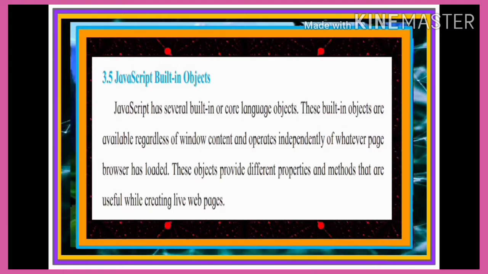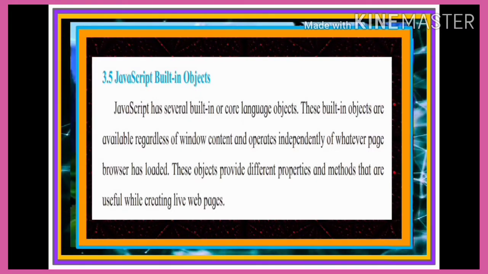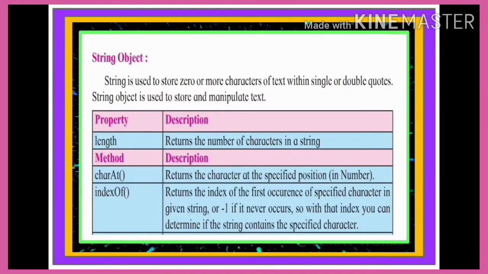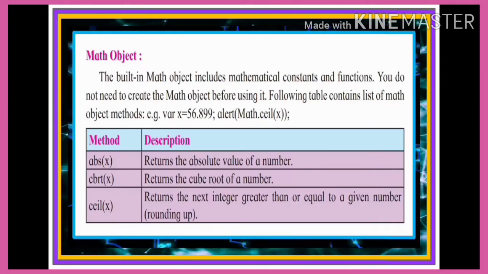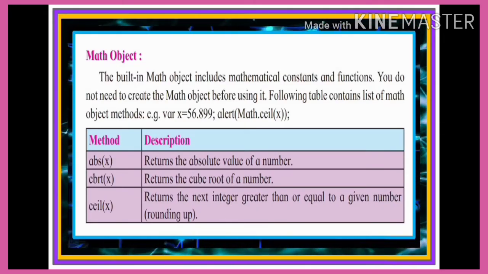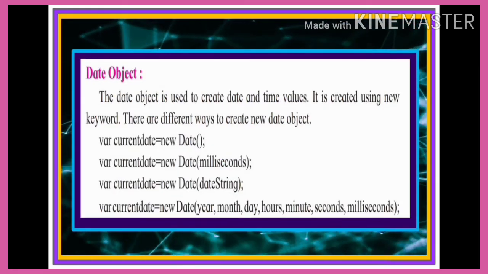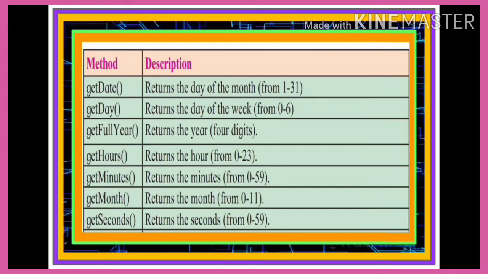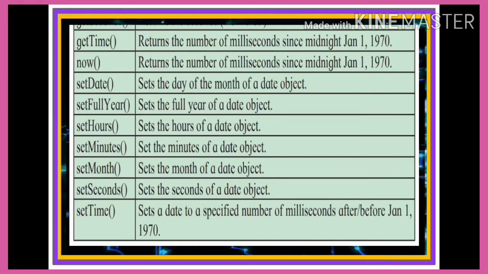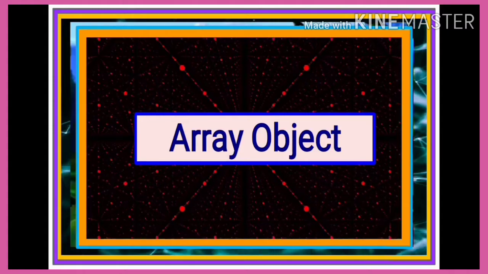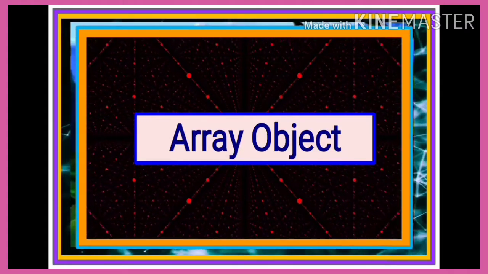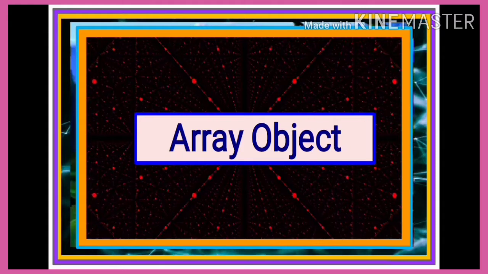In our last part, we have seen the JavaScript built-in objects such as string object, properties and methods of string object, math object, methods of math object, number object, properties and methods of number object, date object, and methods of date object. In this part, we will discuss the most important object in JavaScript, the array object.